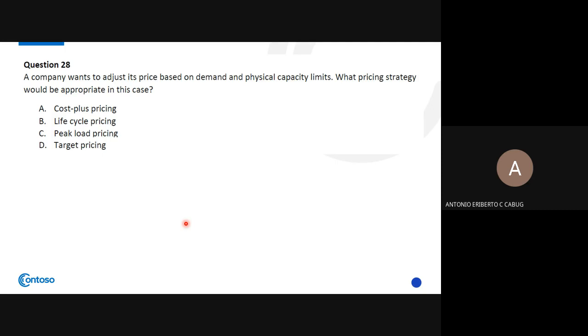What pricing would be appropriate in this case? Enter now. Okay, mukhang alam niyo to, no?